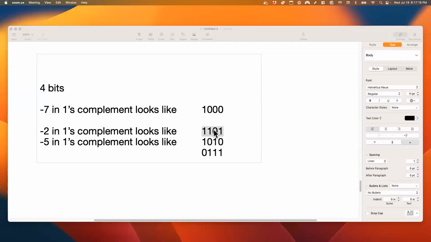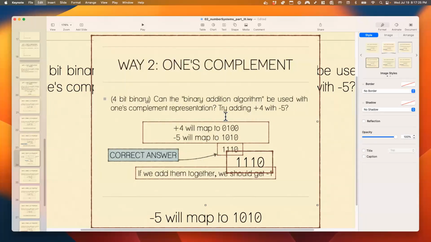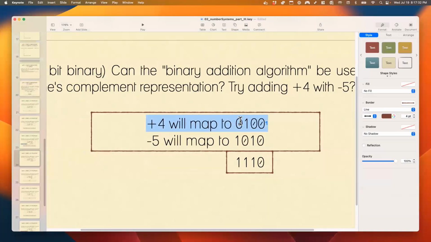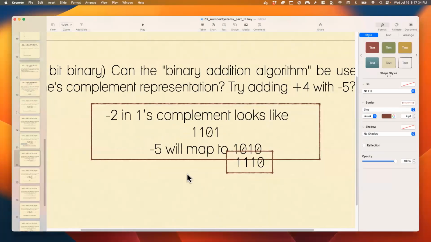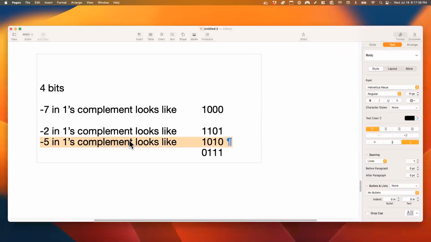So these are the numbers. Let me actually copy the whole thing. Ah, it seems that I can't copy it. Let me try again. Okay, that's good. That's actually fine. Let me copy this thing.